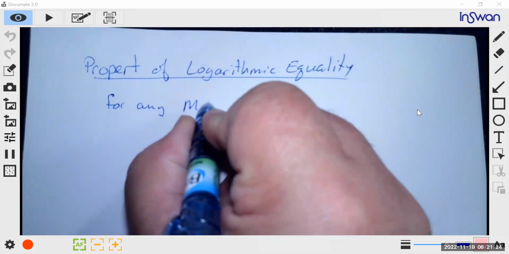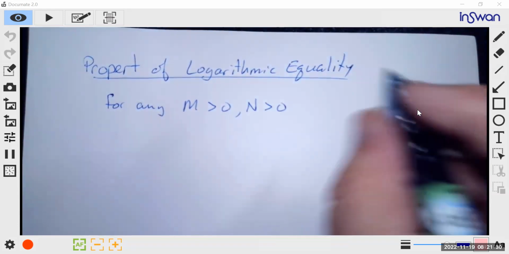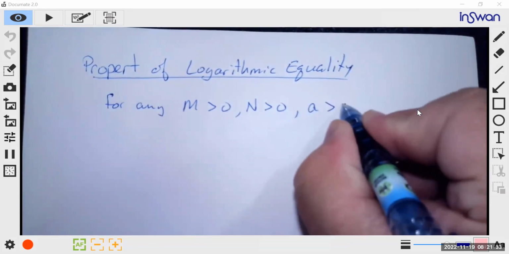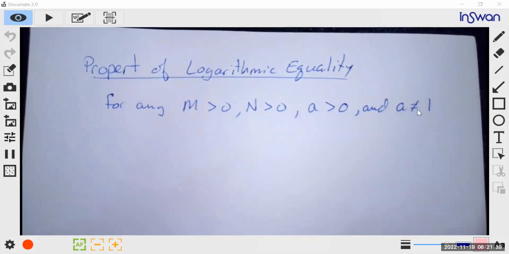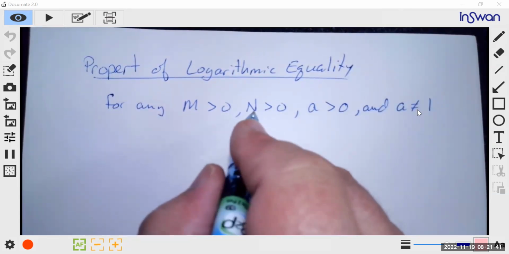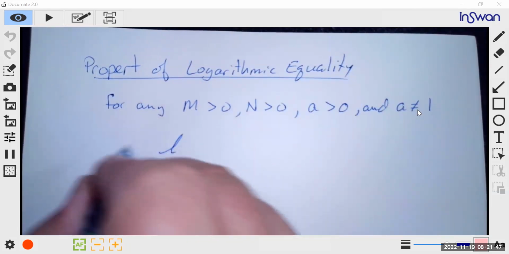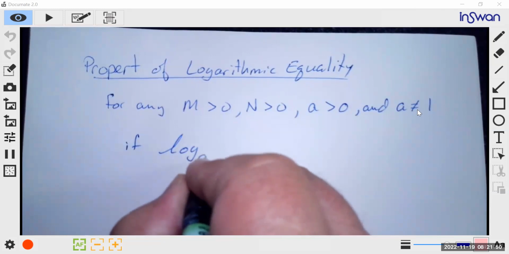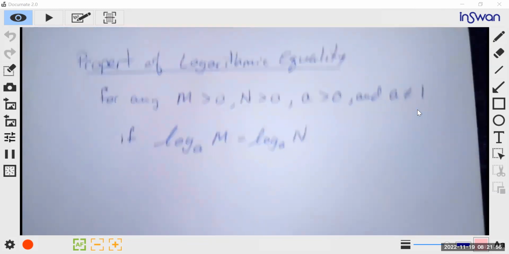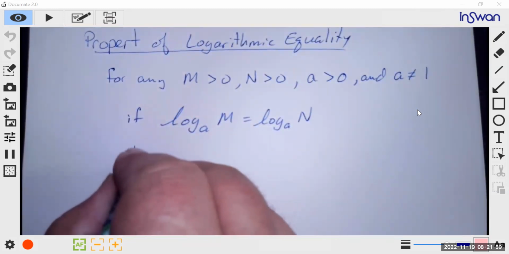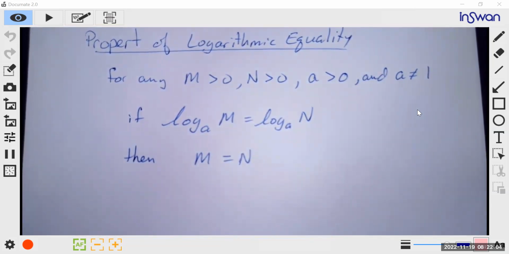For any number m greater than 0, any n greater than 0, a greater than 0, and a cannot equal 1. Then what has to be true is this. If log base a of m equals log base a of n, then the only way that's true is if m equals n. That's the law of logarithmic equality.